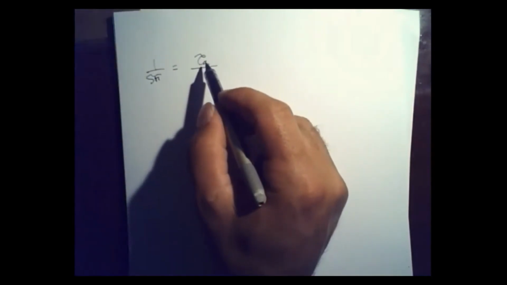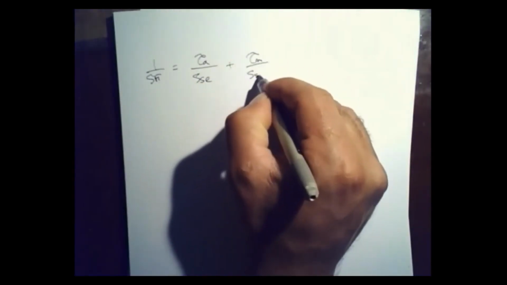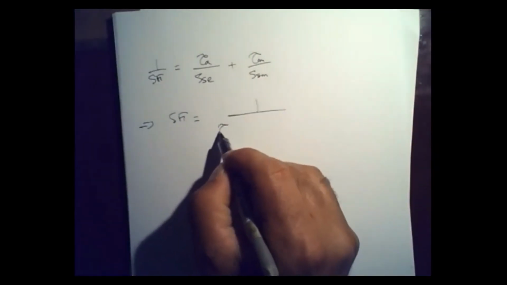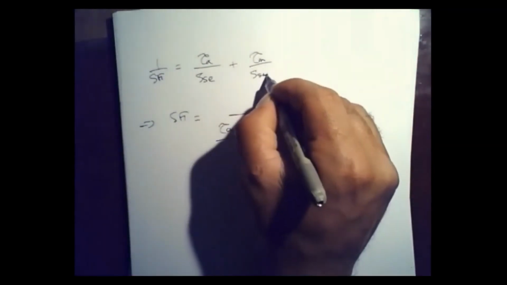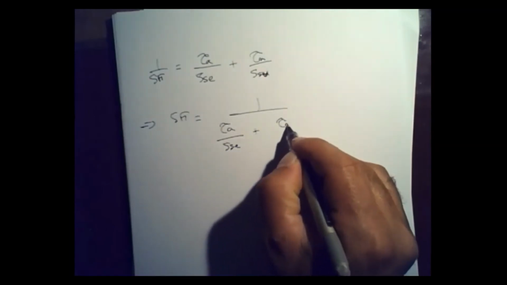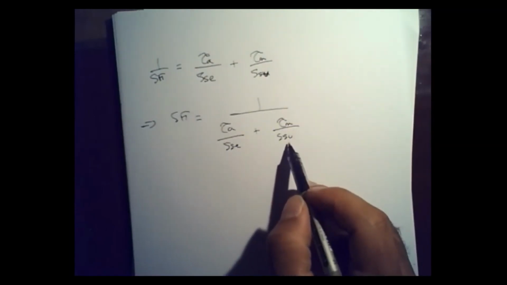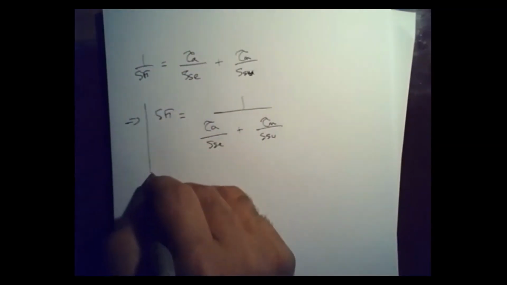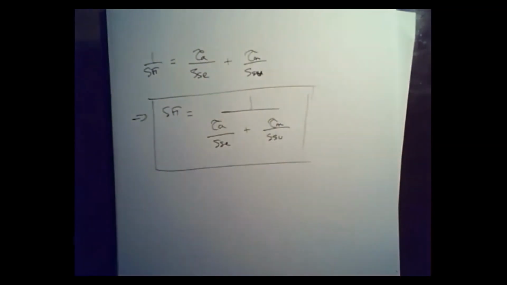Based again on the modified Goodman, we know 1 over safety factor is going to be equal to tau A divided by SSE, using this new value which I calculated, plus tau M divided by SSU. I'm very sorry, this is SSU always. What is SSU? SSU is your maximum ultimate shear strength of that music wire.